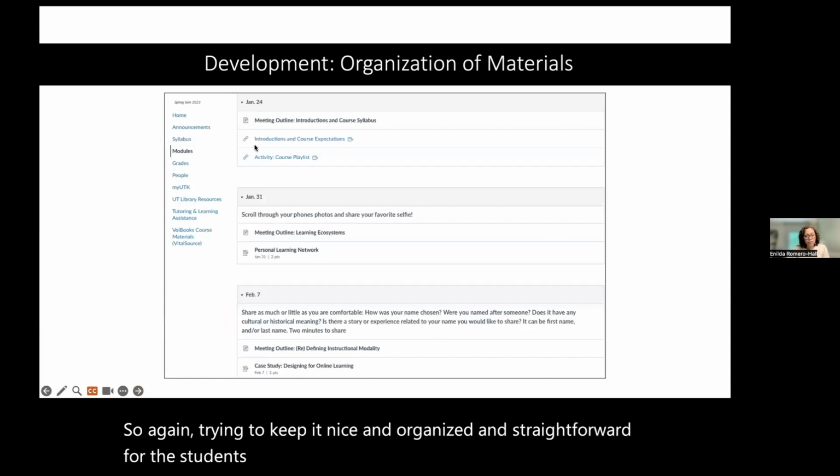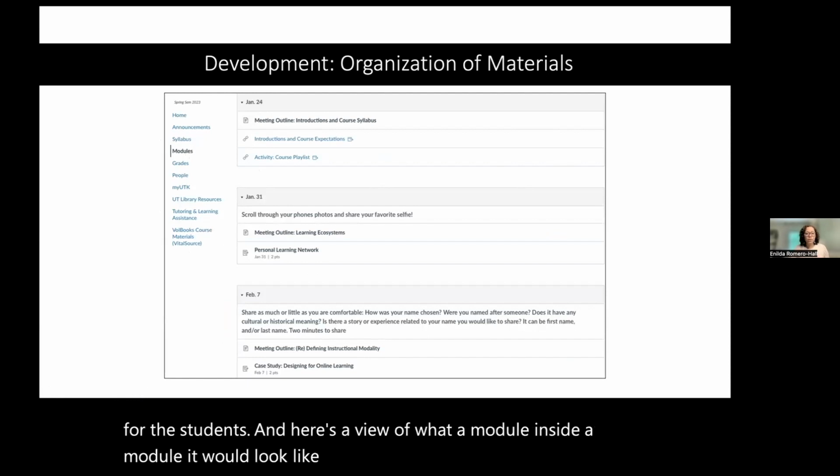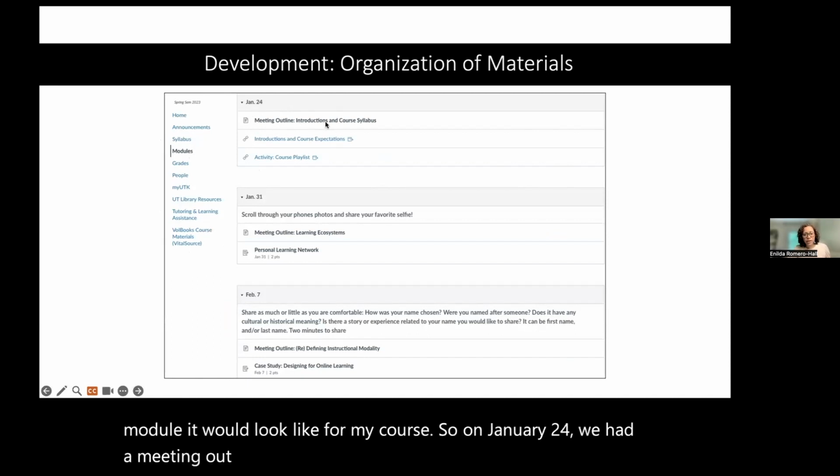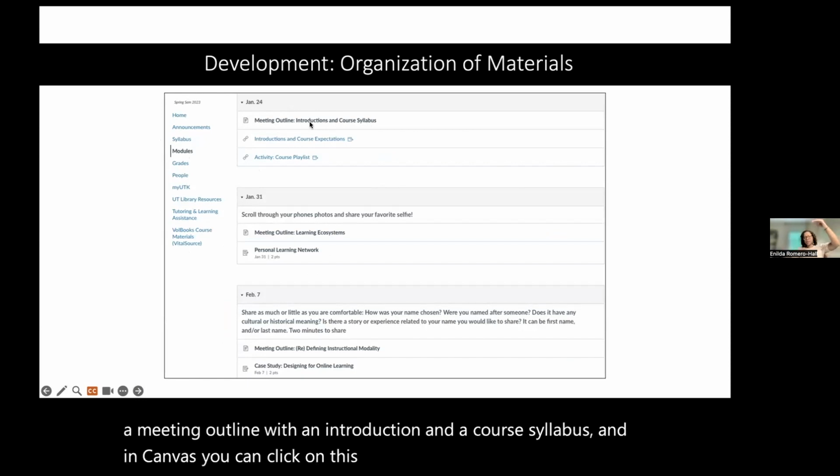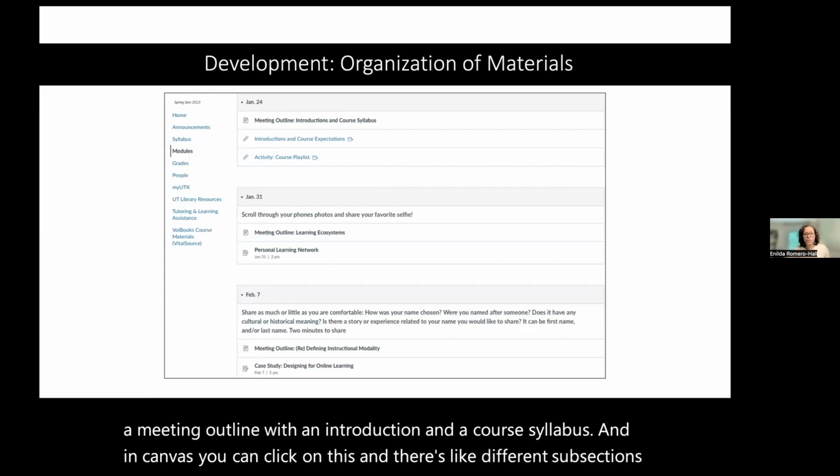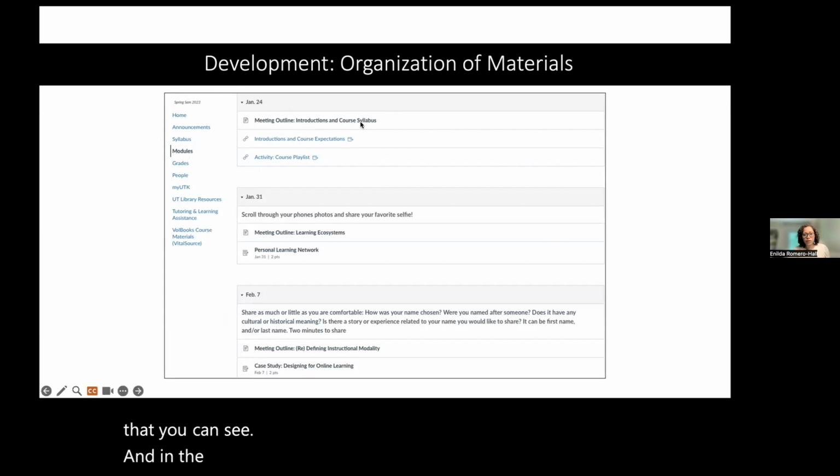And here's a view of what inside a module would look like for my course. So on January 24, we had a meeting outline with an introduction and a course syllabus. And in Canvas, you can click on this, and there are different subsections that you can see in this specific web page.